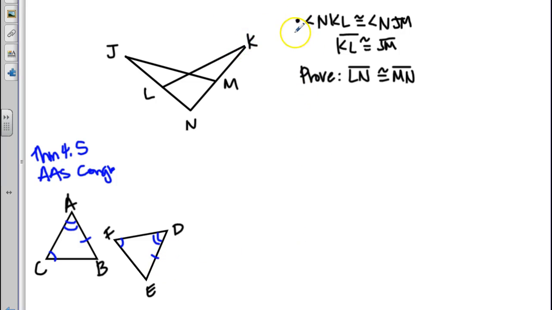You're given here angle NKL is congruent to angle NJM. All right, then it says KL is congruent to JM. So let me mark that. KL is congruent to JM. All right, do you see the triangles here?